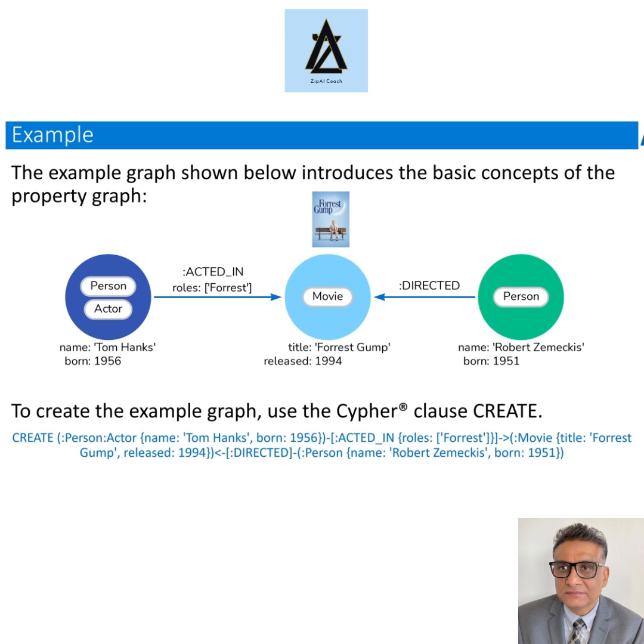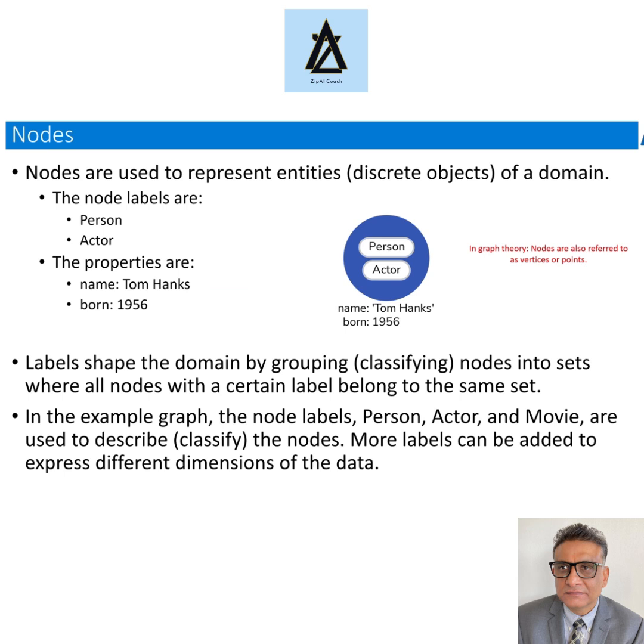But we'll see how easily we can use GenAI to make it a very easy step. So like I discussed, the nodes have labels. So person, actors, these are the labels for the node, and they can have properties. Properties are very similar to the columns you have in relational databases.